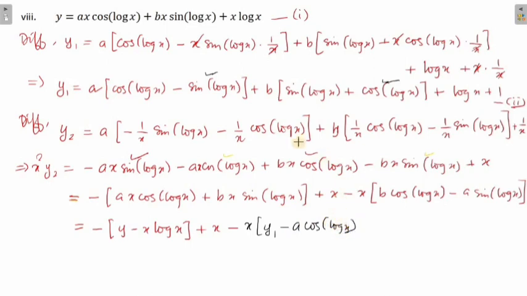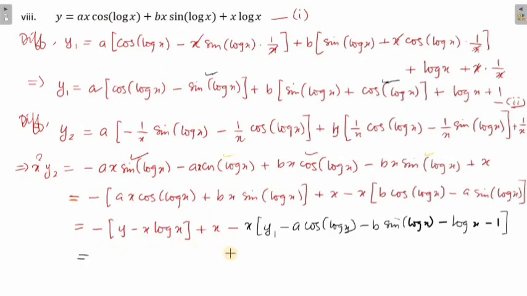Similarly, this becomes minus b sine log x. This is also gone, so when you take it over there, it becomes minus log x, and minus 1 becomes minus 1. So everything is taken. I hope this is clear.